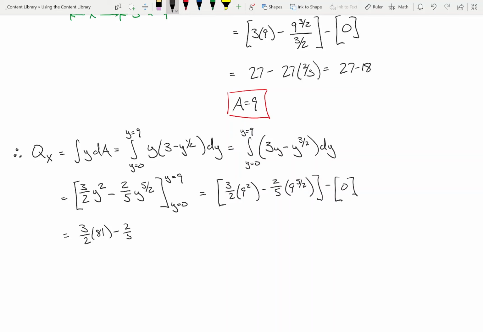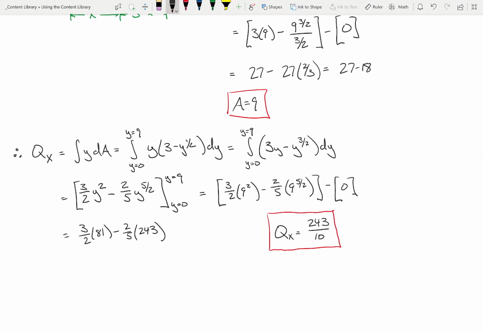So 9 raised to the 1/2 is 3. 3 to the 5th. Okay, you want 243? Does that sound about right? So I think when this is all said and done, you're going to get that Qx is 243 over 10.